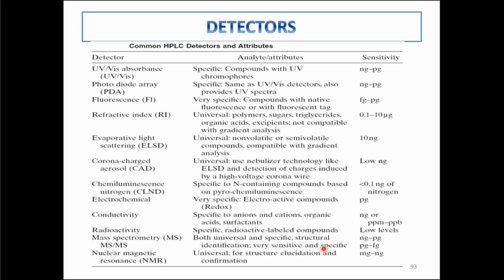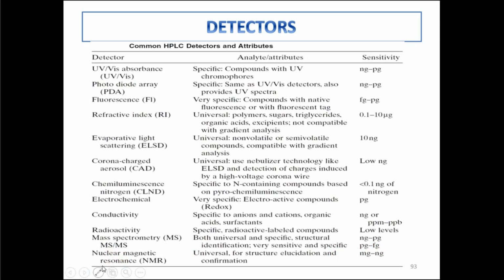They can be made very specific also. Structural identification is possible, very sensitive, very specific. You can see here where it has gone. It has gone to the picogram, femtogram level. Picogram means 10 raised to minus 12 and femtogram is 10 raised to minus 15 gram. So it's very small quantities which can be determined using these detectors.